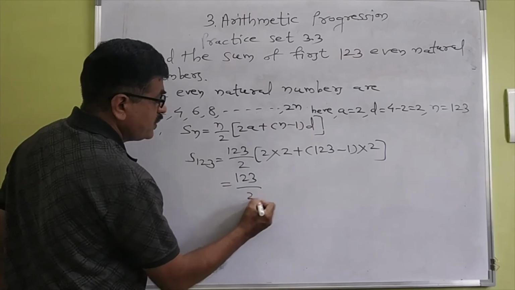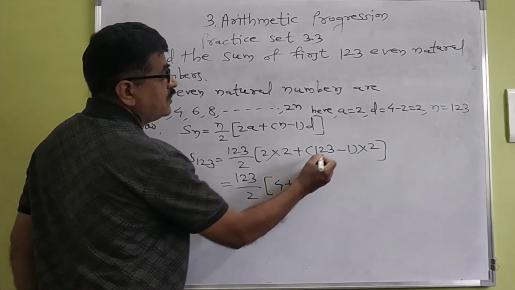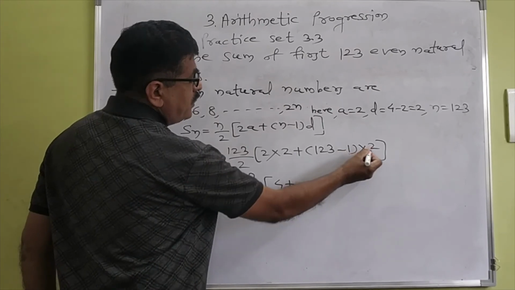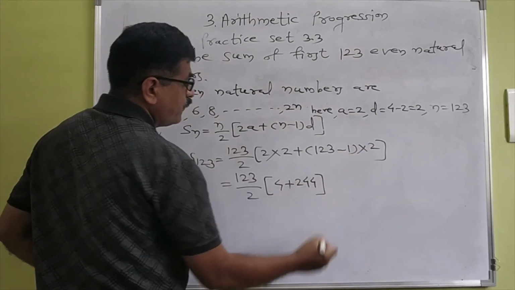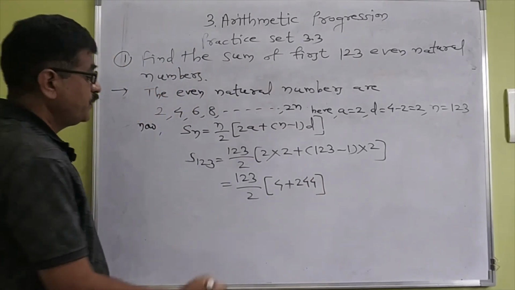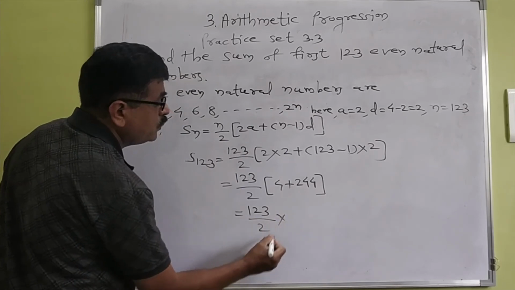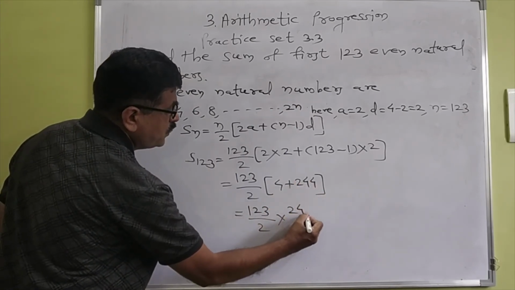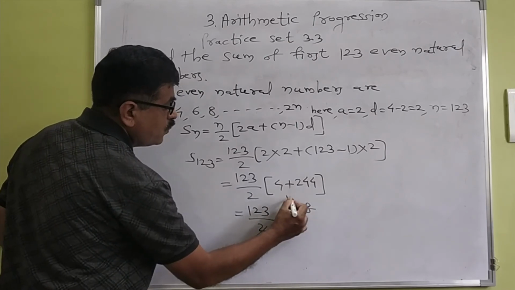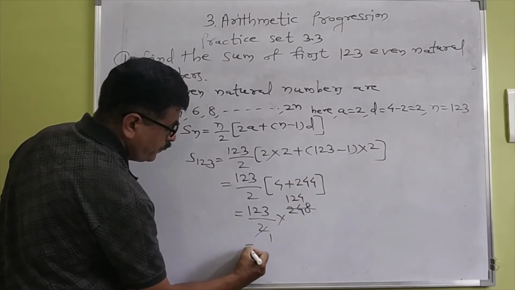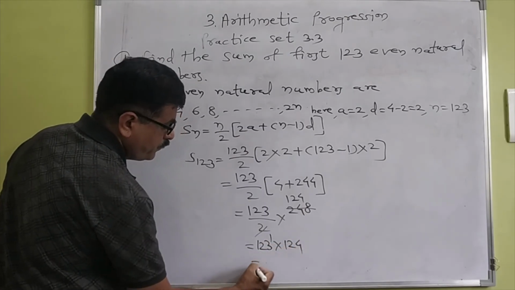123 divided by 2 into bracket 2 into 2, 4, plus 122 into 2, 244, is equal to 123 upon 2 into the addition 248. Dividing by 2, 124. Therefore 123 into 124.